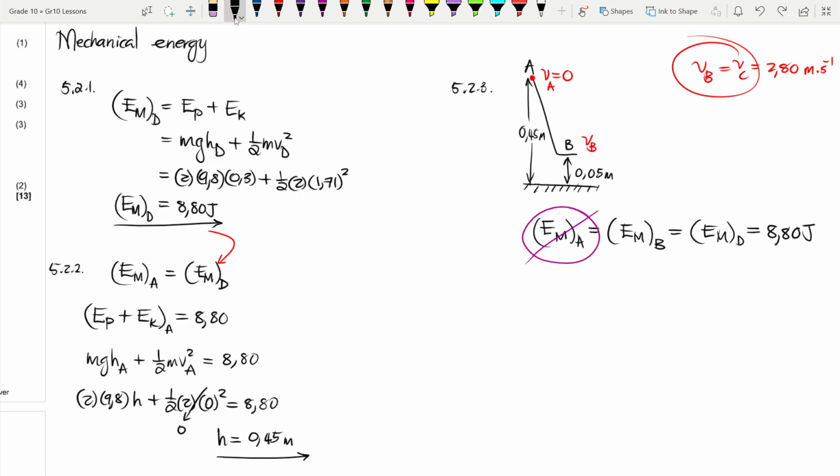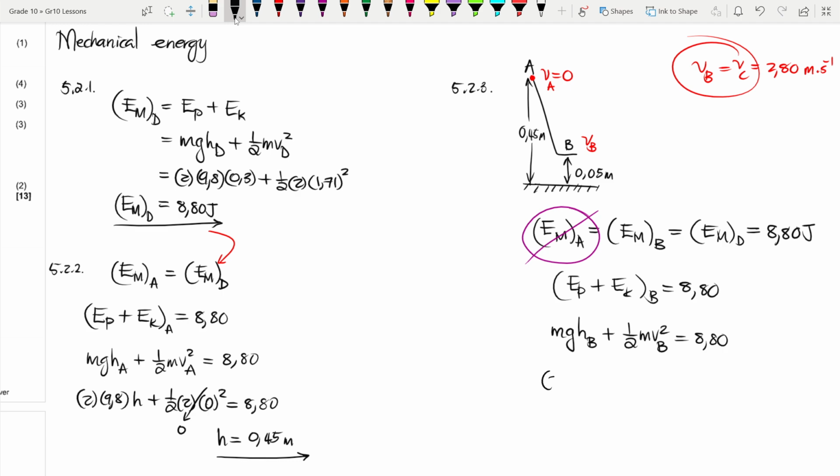So I can just say EP plus EK, this is at point B, is equal to 8,80. Therefore, I can expand EP to mgh at B plus half mv squared at B equal to 8,80. And then I can substitute my values now.